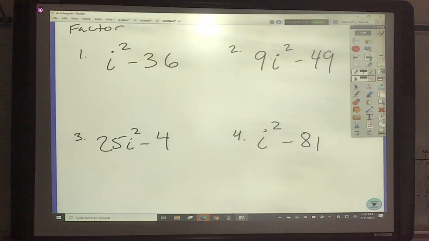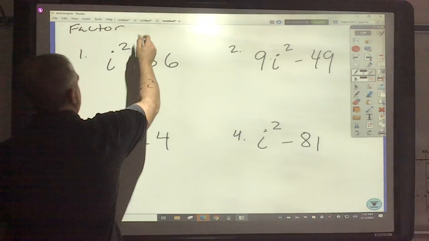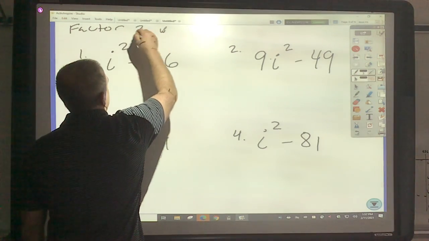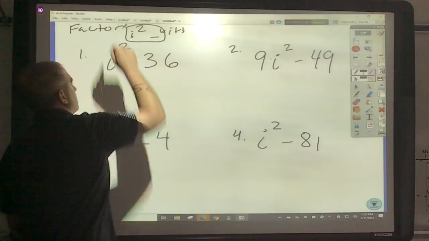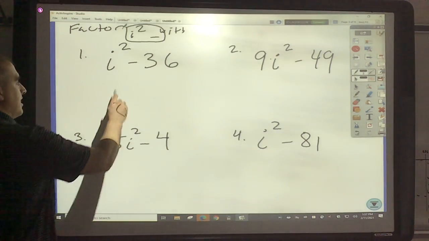Okay, now let's move on to these. Say, Mr. Evans, how do we get 4 terms out of this? When you see these 2 terms with a squared term and a minus in between, you can do this technique.